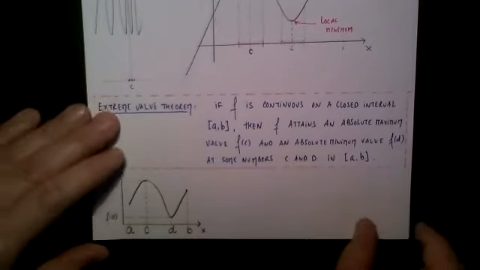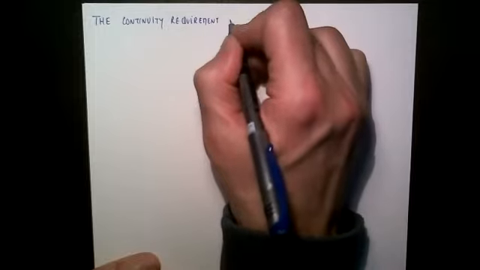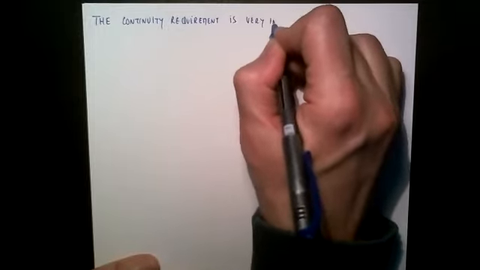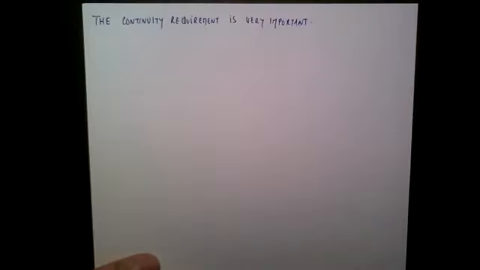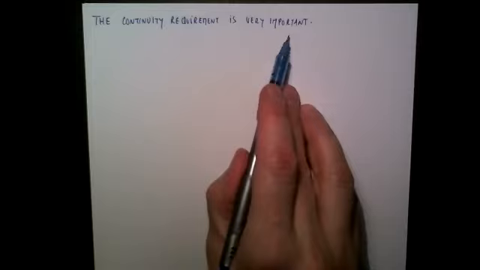Let me write this down. The continuity requirement is very important, because as you'll see, if my function is not continuous, then there's no guarantee that my function will reach a maximum value.